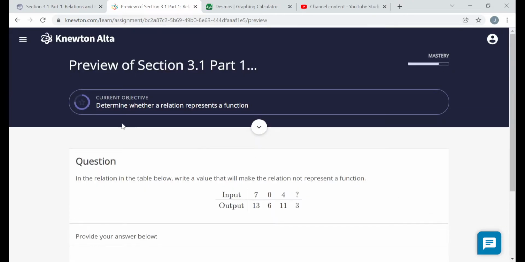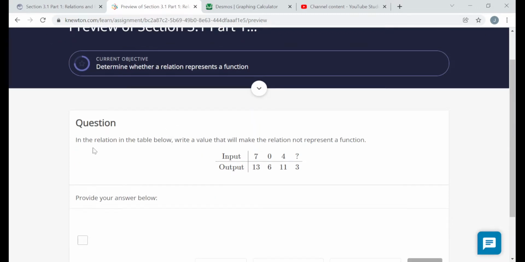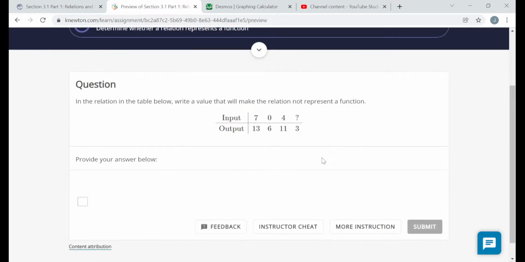All right, so one more like this. Determine whether a relation represents a function. In the relation in the table below, write a value that will make the relation not represent a function. So really you could put in 7, 0, or 4.